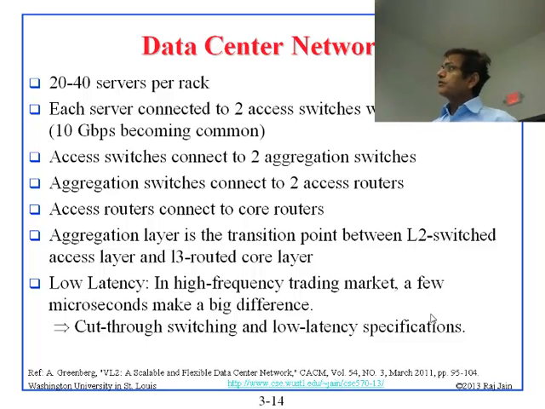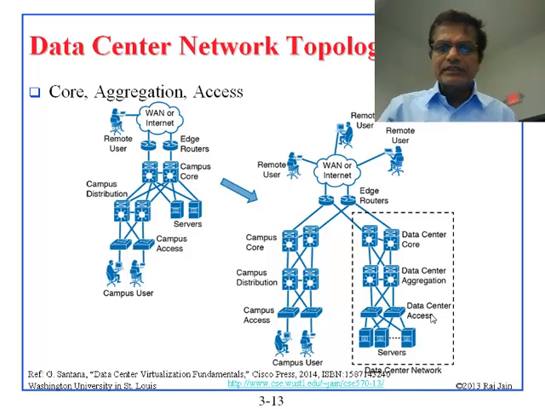Access routers connect to the core routers. Actually, this is wrong. So let's see. Aggregation routers connect to the core routers. Access connects to aggregation. What is happening here? These slides are hot off the press, so there are some bugs in there.